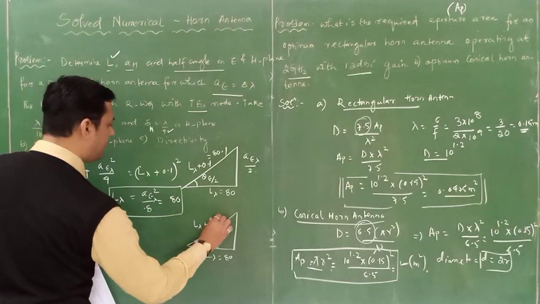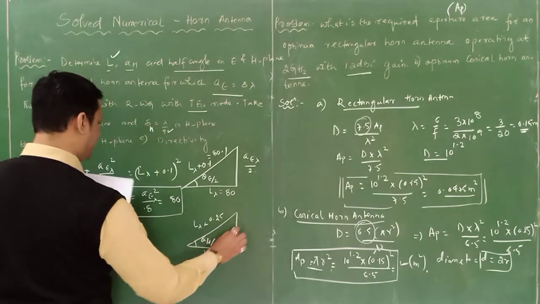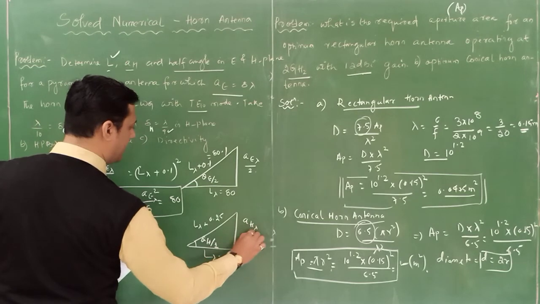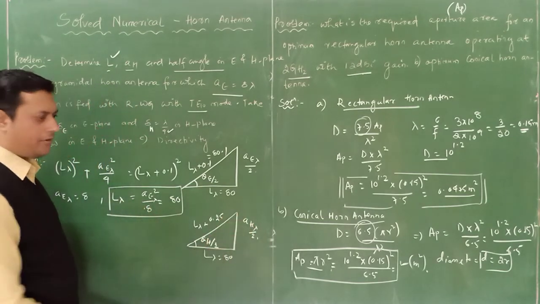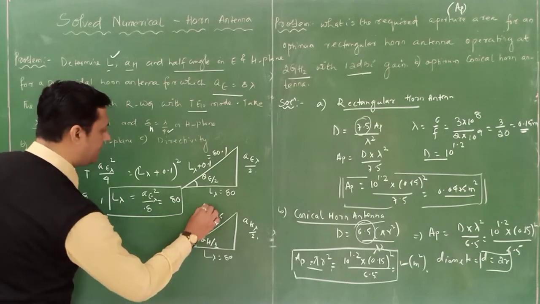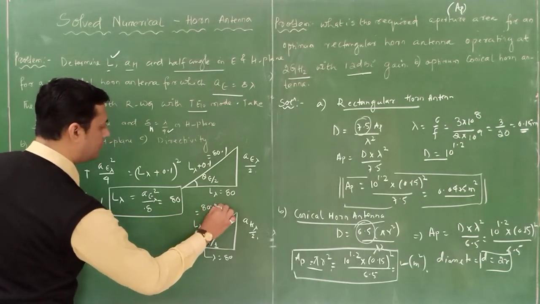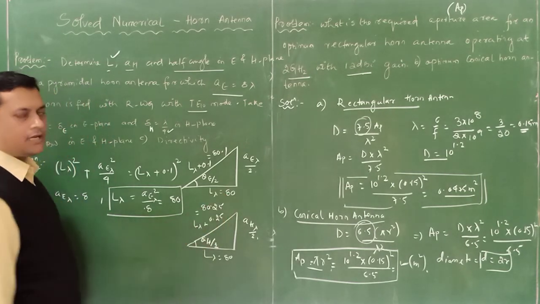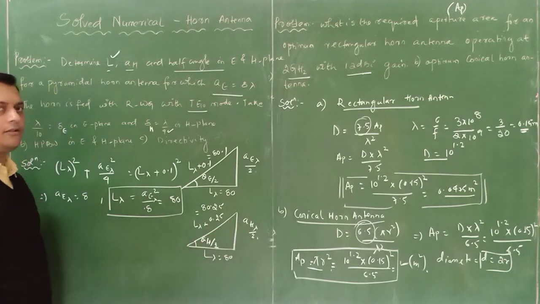So here it is 0.25. And this is AH lambda by 2. Okay. From this triangle, L lambda is 80. Here we will get 80.25. If these two values are known, this unknown factor can also be determined. That is, AH can also be determined.